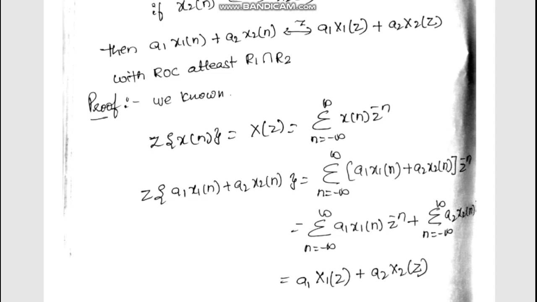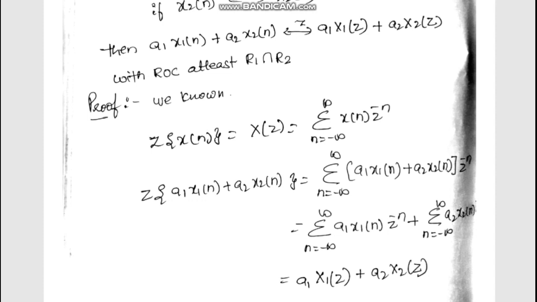So what is the proof here? x of n is your input signal. This input signal is converted into a Z transform. To convert it, we take X of z, which is given by the formula summation n equal to minus infinity to plus infinity x of n into z to the power of minus n.